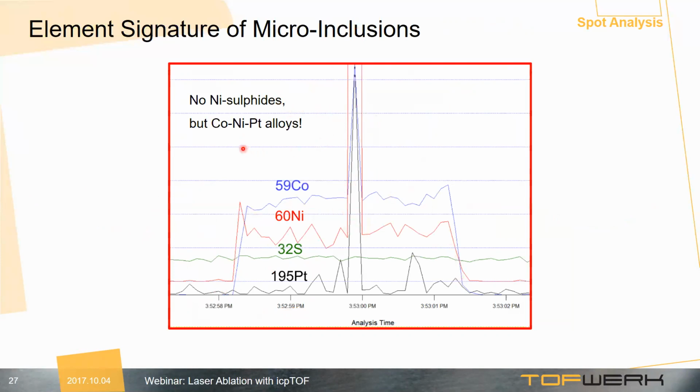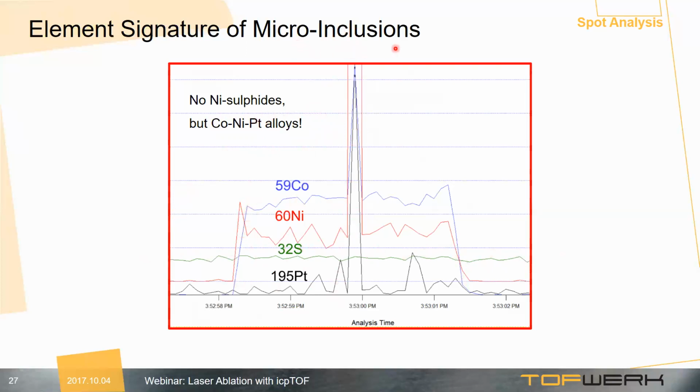But the nice thing about the ICP-TOF is that it records all the elements together. So you can actually check the sulfur signal. And there was no spike in sulfur. Instead, we saw a correlation with cobalt and platinum here. So these are more likely to be alloys. That's pretty nice because you can go back to your samples and basically characterize micro-inclusions.